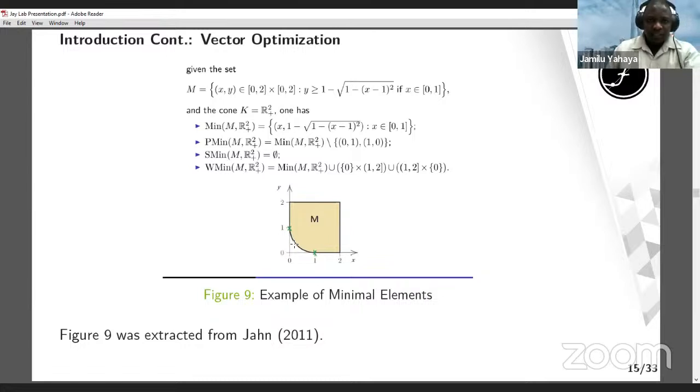In this graph, M is defined such that this yellow color you are seeing is what we call M, while R2 plus is the nonnegative quadrant on the X and Y axes.